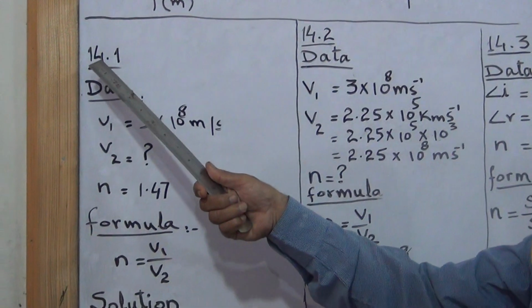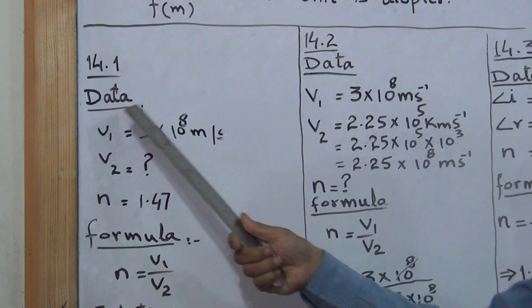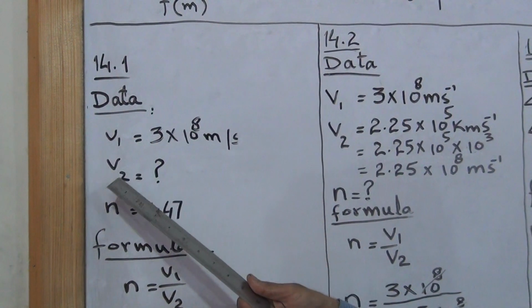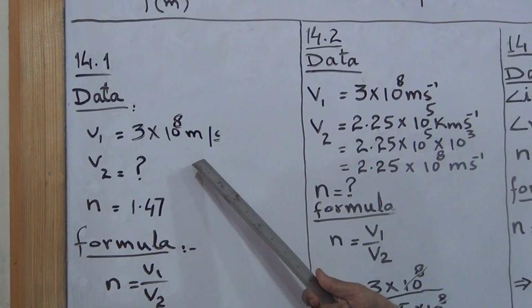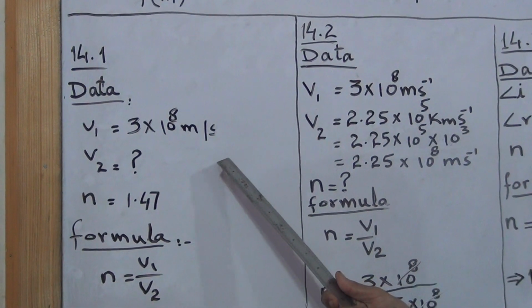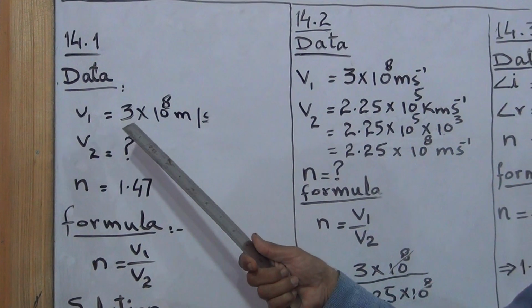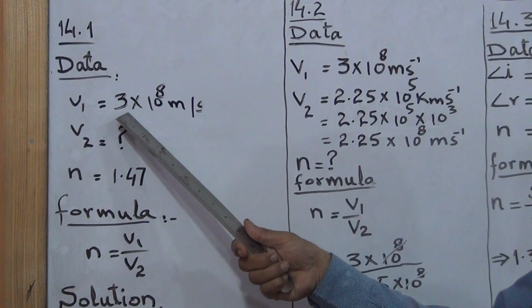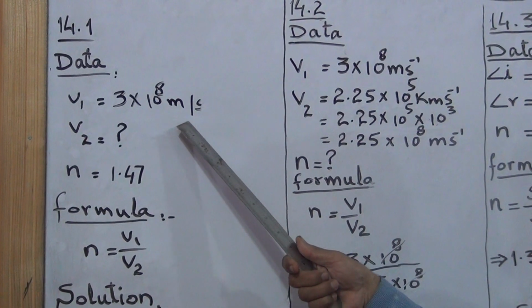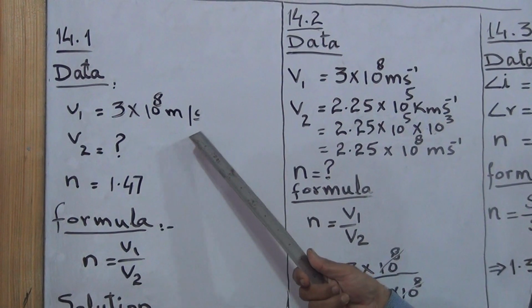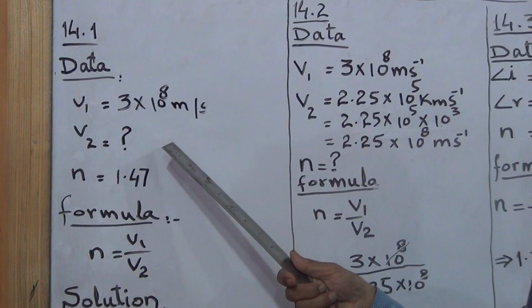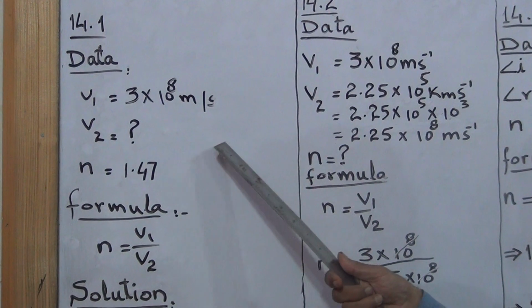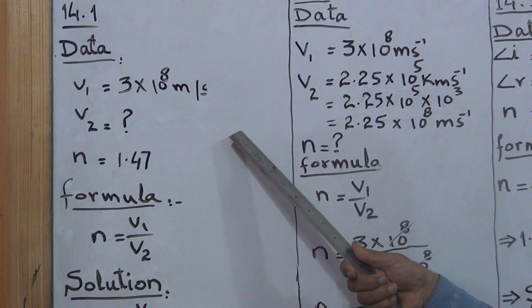So first numerical 14.1. Its data is V1 is equal to 3 into 10 raised to 8 meter per second. V1 is the speed of light in air, that is fixed, 3 into 10 raised to 8 meter per second, and V2 is the velocity of light in glycerine.